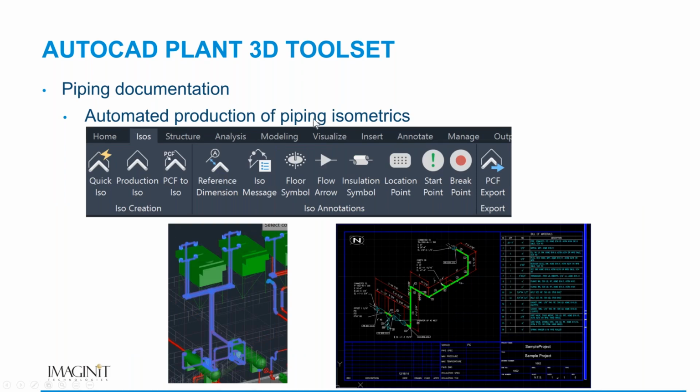When I talk about automated production of piping isometrics, I selected these pipes right here, and this is the piping isometric it generated, and it also gives me an automatic bill of materials and populates a title block. Now this is the out of the box title block, so I need to customize that for myself. But you'll see all of the information in this piping run here is reflected here.